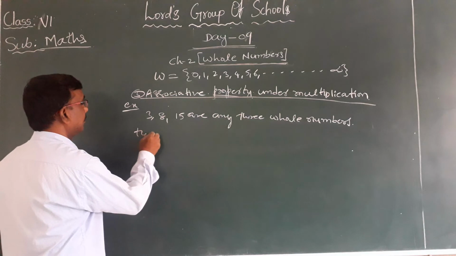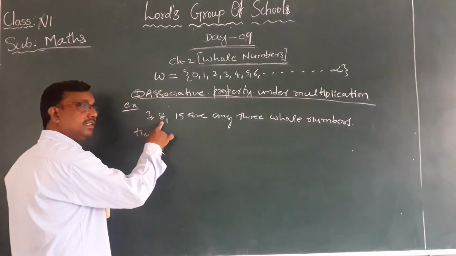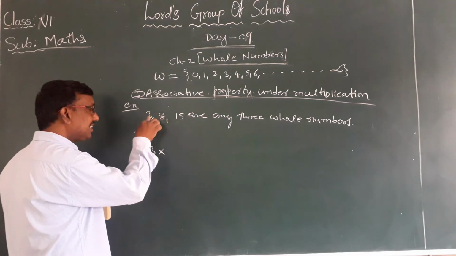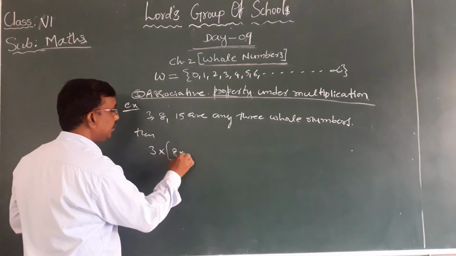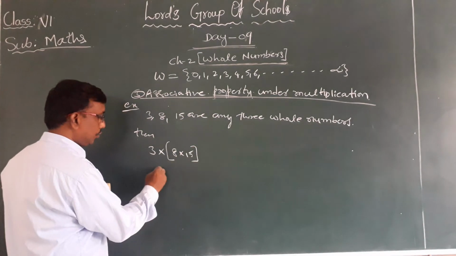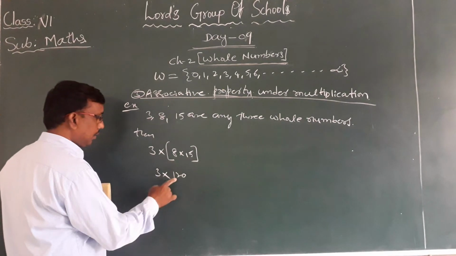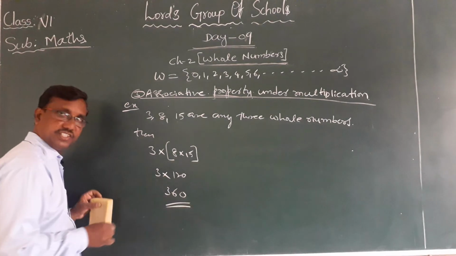Let me find the product of 8 and 15 first, then multiply this product with 3. So 3 into 8 into 15. 8 into 15 is 120. Now 3 into 120 is 360.